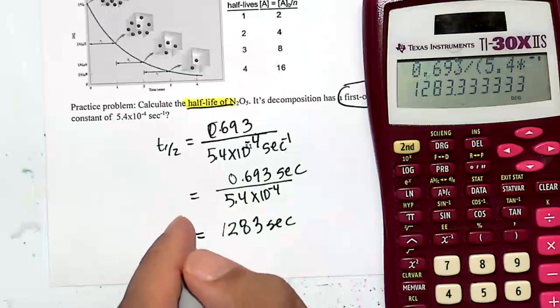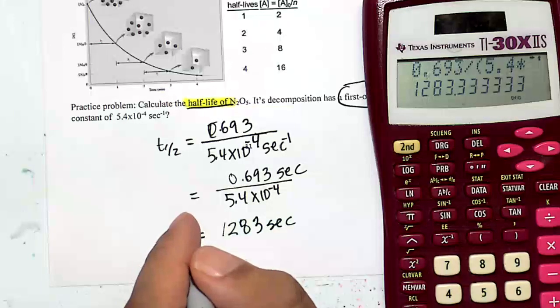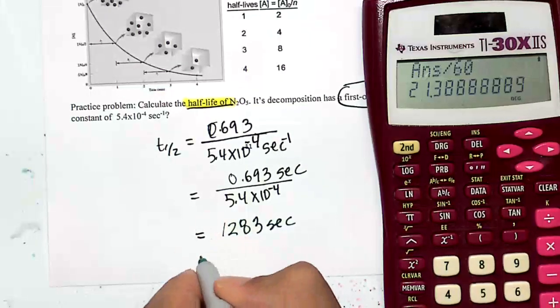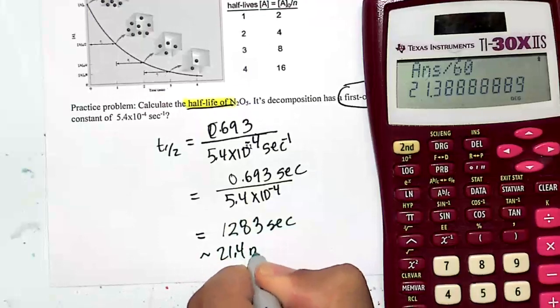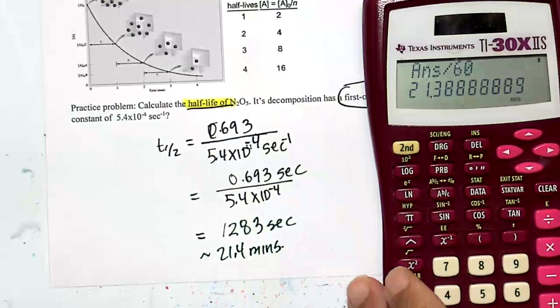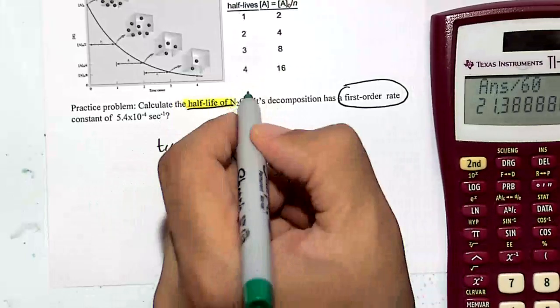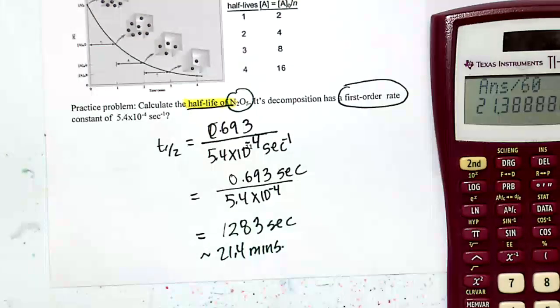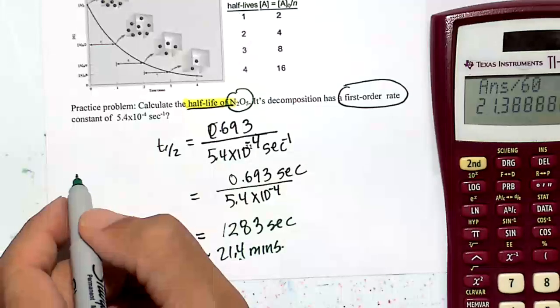What is 1283 seconds? 1 minute is 60 seconds, so that's 21.4 minutes. After 21 minutes, 50% of it is gone. Reacted, dissipated, evaporated, whatever it may be. Which is the same thing as 1283 seconds.